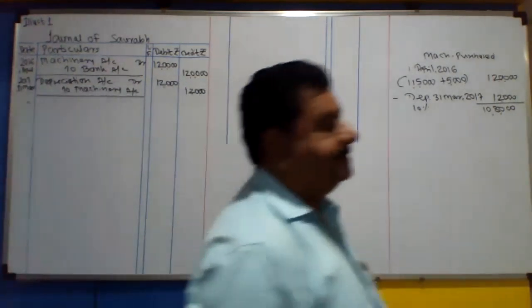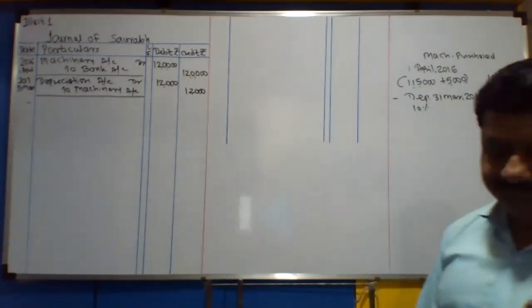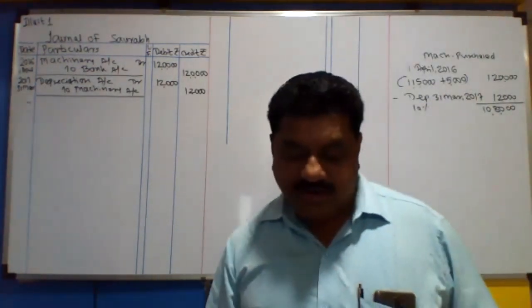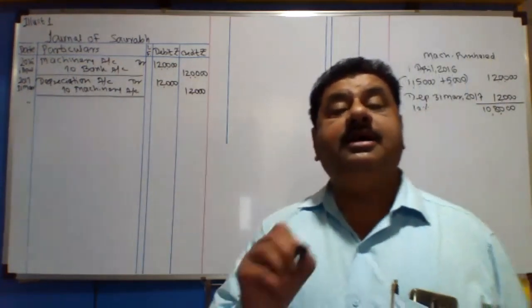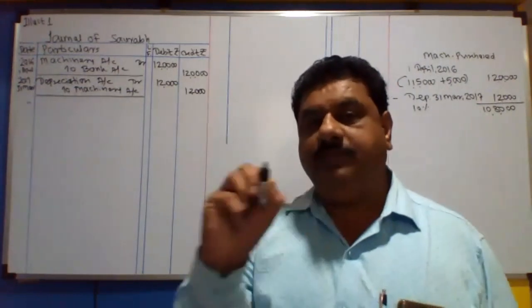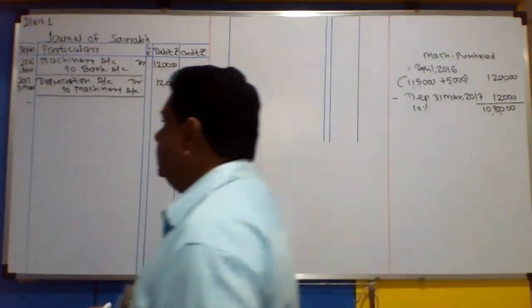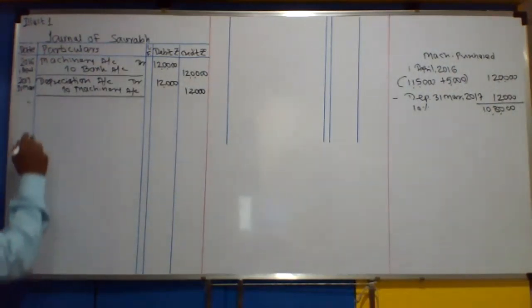Narration: being 10% depreciation charged under WDV, that is written down value method.